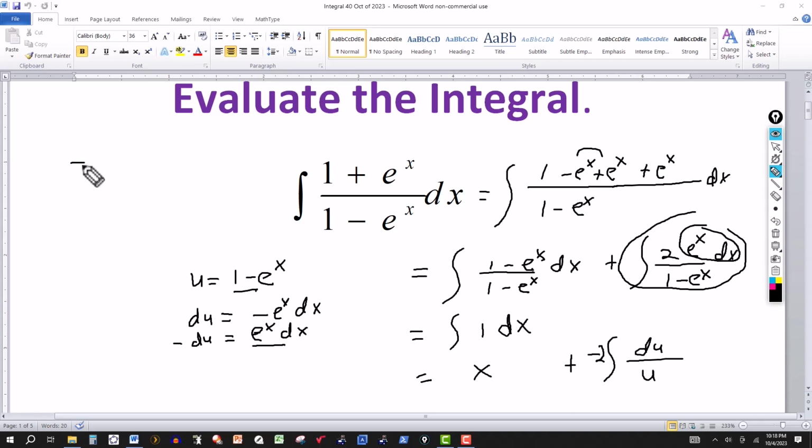So this is going to equal, I got the x there, and then I had the minus 2, and then the integral of du over u, or you can say 1 over u du, is the natural log of u. And this could be negative, so we'll use absolute values of 1 minus e to the x plus the constant of integration.